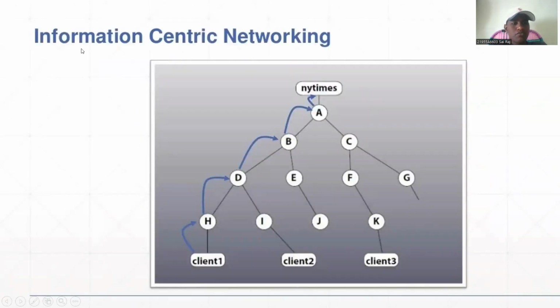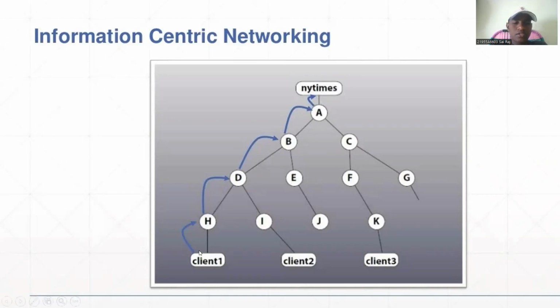Here we can see information-centric networking. If we observe clearly, these are the clients, this is the network, and we have the server. If a client wants any data, it requests its parent in the network, and that request reaches the server. The server will then send the required information to the client using secure connections.